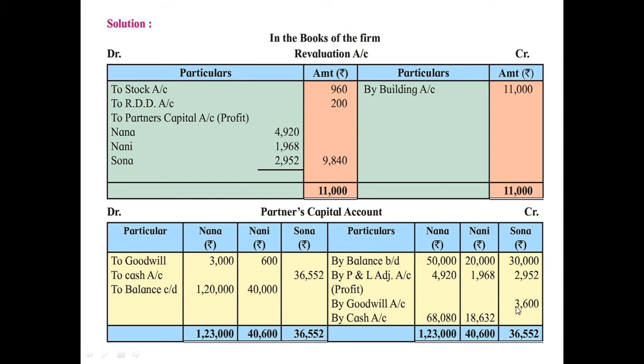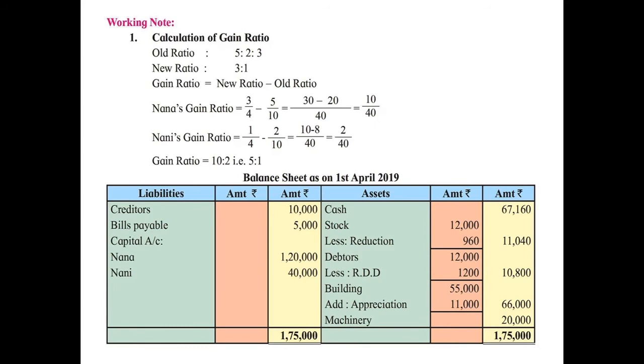It means 3600 is divided into the gain ratio. You all know how to do the division, that is 3600 upon 6, total of this 2, into 5. Then you will get 3000, that is Nana's share. Then 3600 upon 6, the total of this 2, into 1 for Nani, so that is 600.